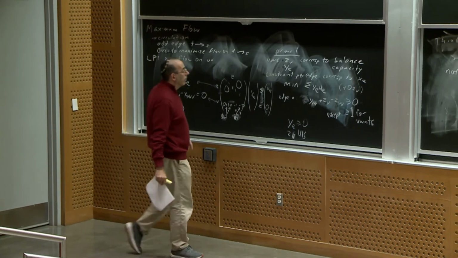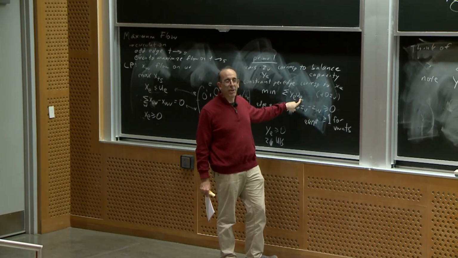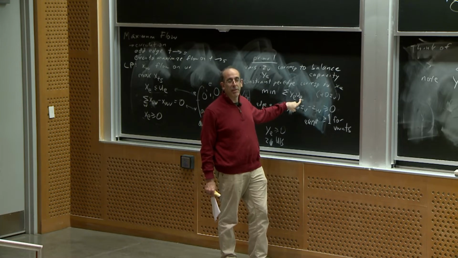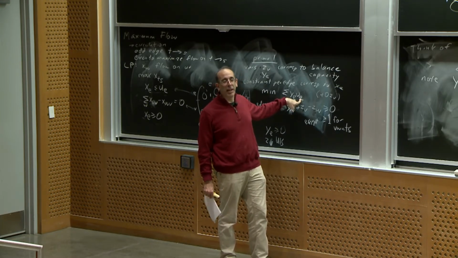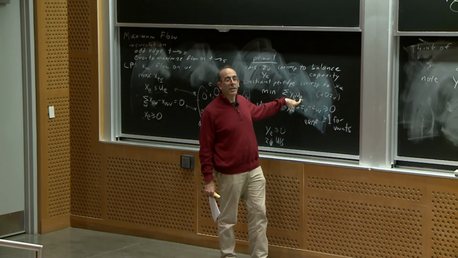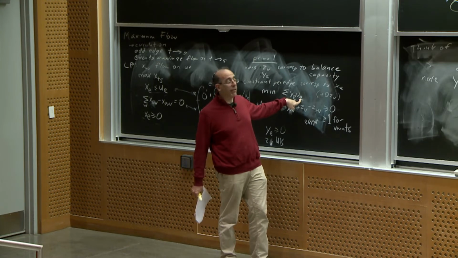So what should UTS be in the problem as I formulated it? Remember, that's the edge from T back to S. So what capacity am I going to put on that edge when I add it? Infinite, right? I don't want to stop flow from getting through, I'm trying to maximize the flow. I don't know what the value is. I'm just going to put an infinite capacity on it.